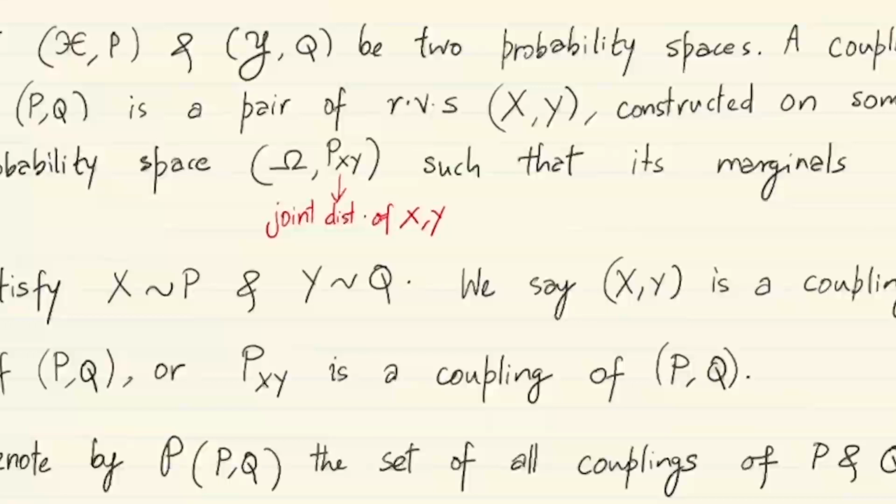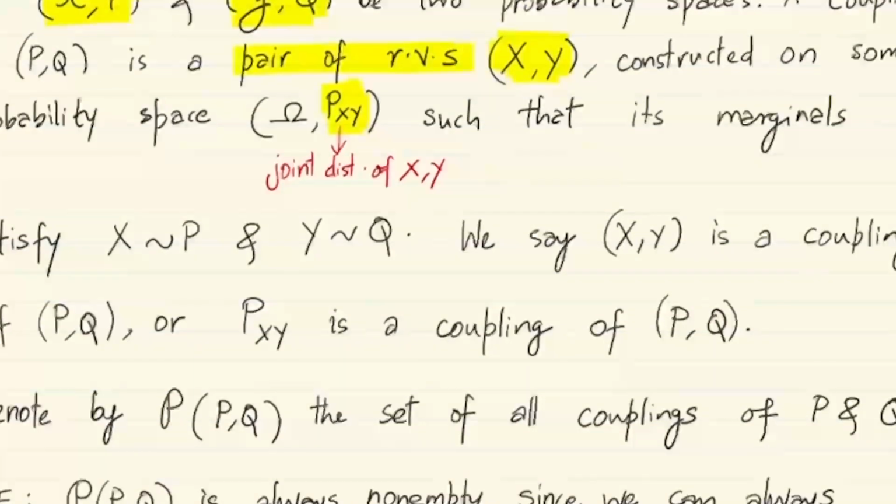If you are given two probability spaces, let's say calligraphic X with measure P and calligraphic Y with measure Q, then a coupling of P comma Q, or a coupling of random variables with distributions P and Q, is an appropriately constructed pair of random variables X and Y constructed on some probability space omega with its own measure, let us say Pxy, such that its marginals satisfy X distributed according to P and Y distributed according to Q.